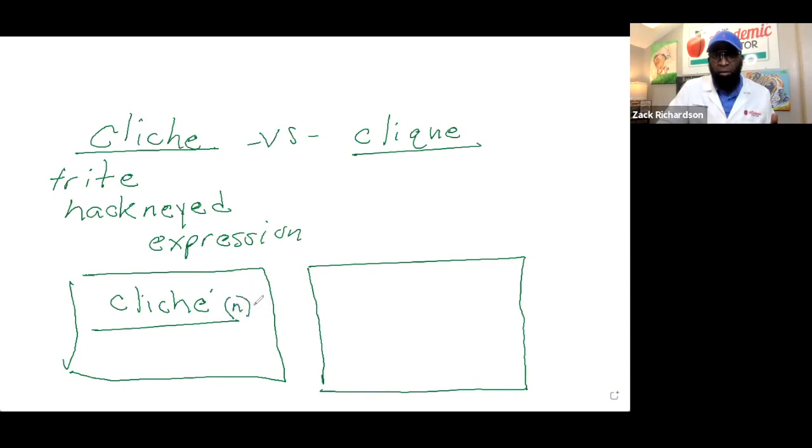We'll put a noun, and then we'll put ADJ for adjective. On the same side of the card, you will then write your definition for the word. So if I use the term trite or hackneyed expression, I will write it on the same side. And then on the back side of the card, you will rewrite the word cliche and use the word in a sentence.